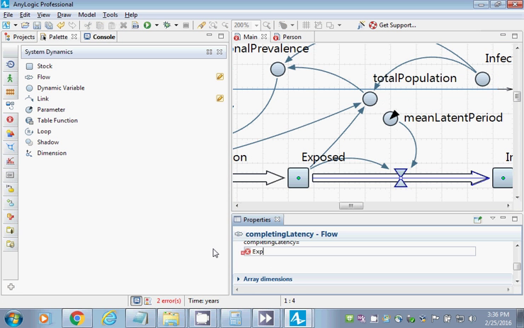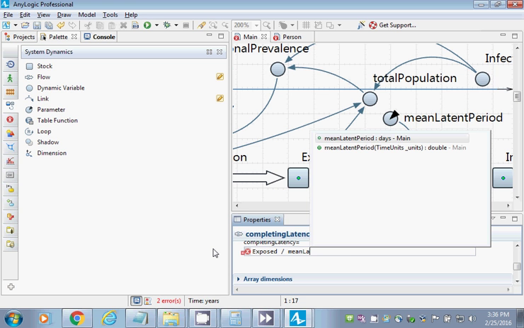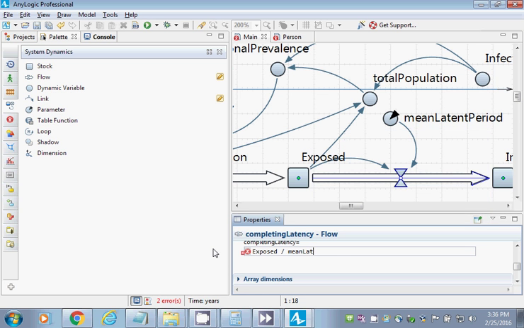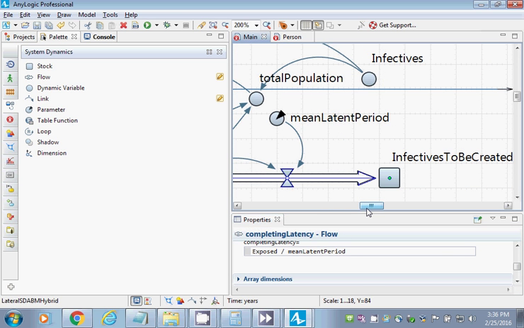Just drag person in to become a population. It's a population of agents, initial size is 0. Are we okay?